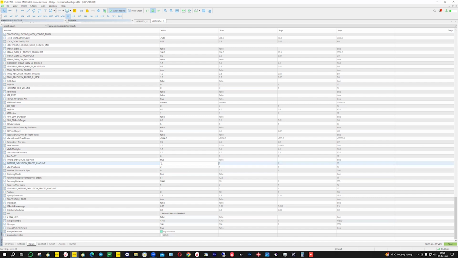So here, if I set 1, this means it will start with 1 position. And if I want the EA to add more positions when the market is going on my side, for example, I can set 5. I want 5 more positions when the market is going on my side.